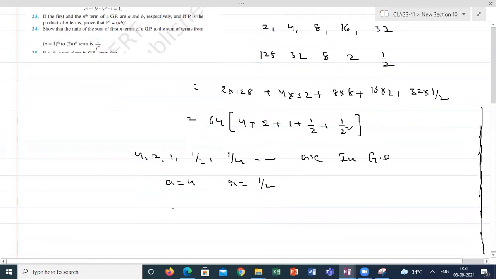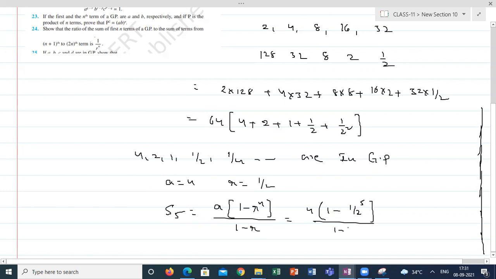Or straight away you can add. S5 is equal to how much? a into (1 minus r power n) by (1 minus r). So 4 into (1 minus 1 by 2 power 5) divided by (1 minus 1 by 2).